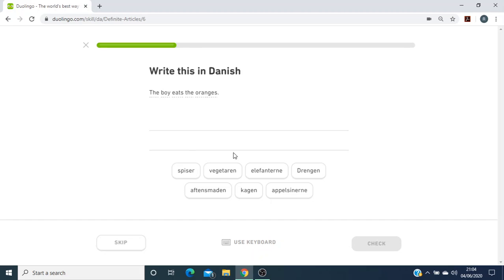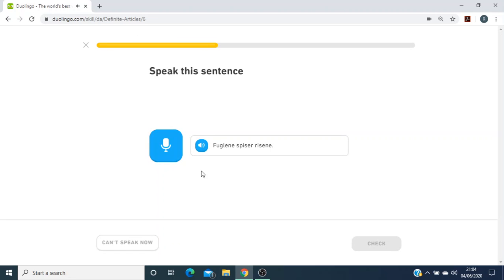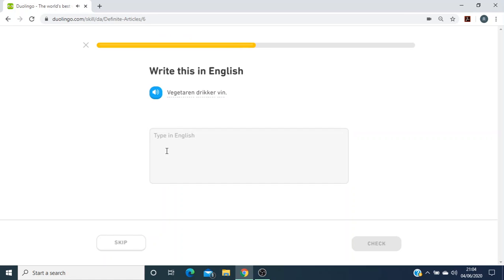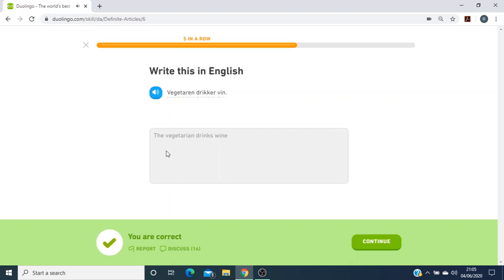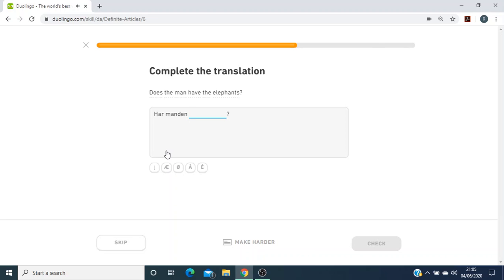The boys eat the oranges. The boy eats the oranges. Drengen spiser appelsinerne. Fuglene spiser risene. Vegetaren drikker vin. The vegetarian drinks wine. Does the man have the elephants?